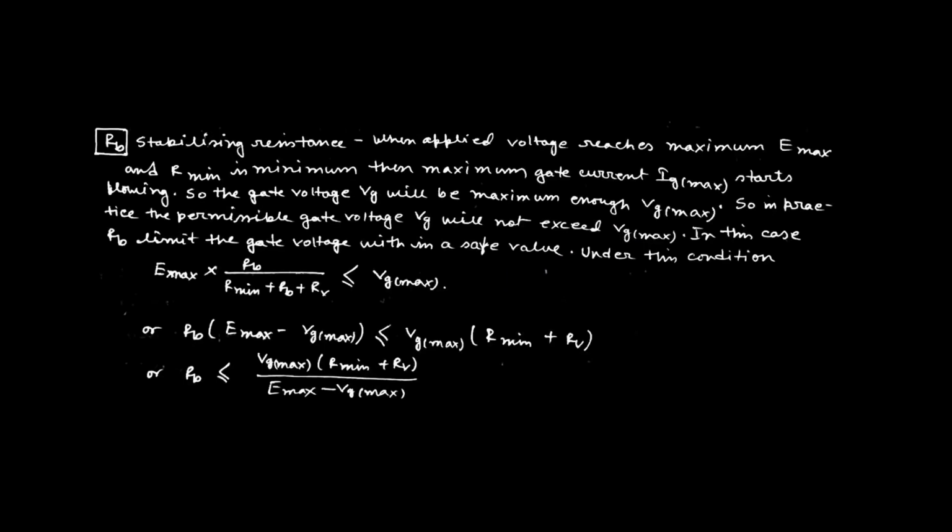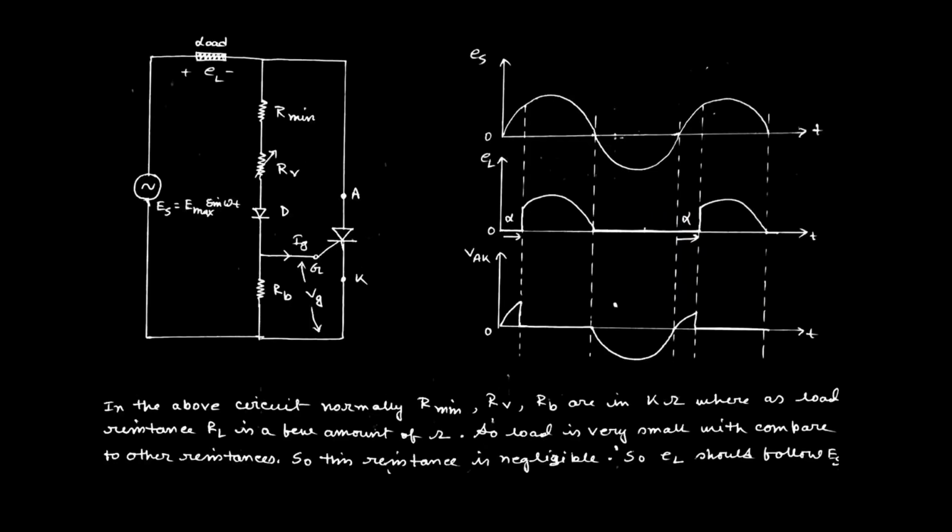Now the question for RB, or stabilizing resistance. Normally it is connected across the gate and cathode terminal. That means, as it is connected in parallel with the gate and cathode terminal, it is able to protect against over voltage across gate to cathode.